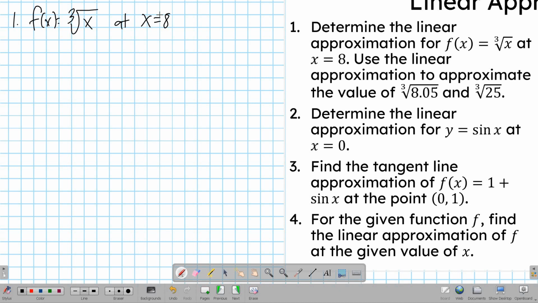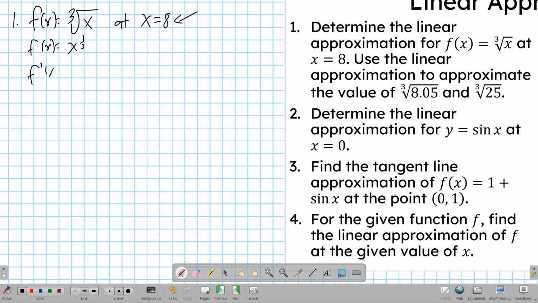So the first thing that we need to do is find the equation of the tangent line at x equals 8. That means we need to find the derivative. So the derivative of our function cube root of x, the function can also be written as x raised to 1/3. This is easier to differentiate.